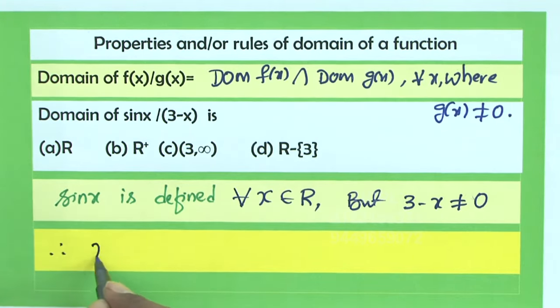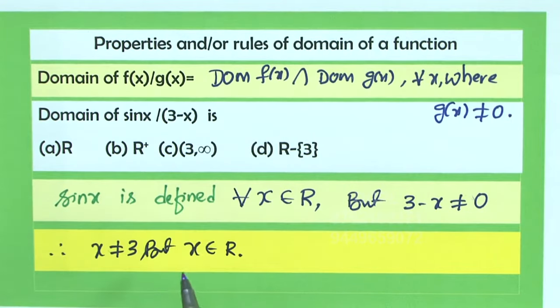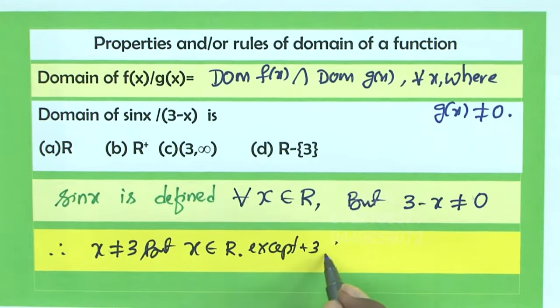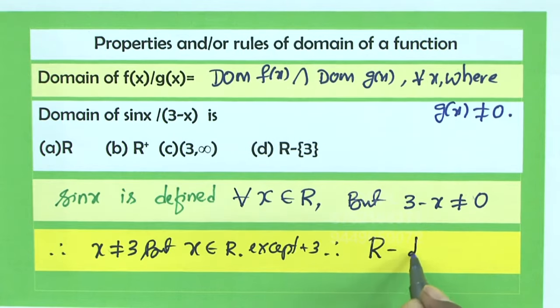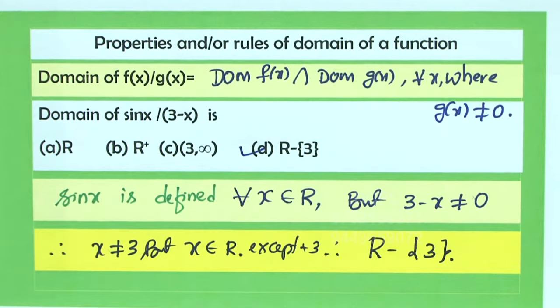Therefore, x is not equal to 3, but x belongs to the set of real numbers. Now, what is the intersection? The set of real numbers except x equal to 3. Therefore, the answer is the set of all real numbers except 3. Understood? Therefore, option D is correct.